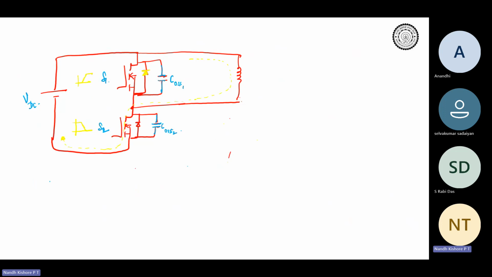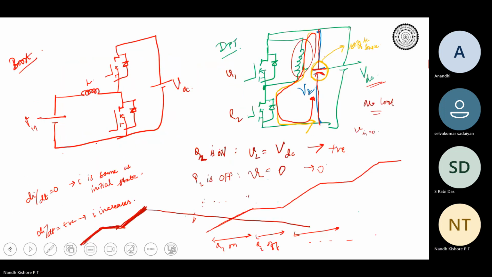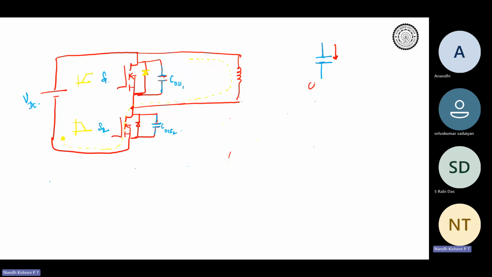When we say the device voltage is 400 volts, it means the capacitance across the device is blocking 400 volts. Another convention we follow is that if the capacitance is charging, the charging current is like this. So this is during charging.